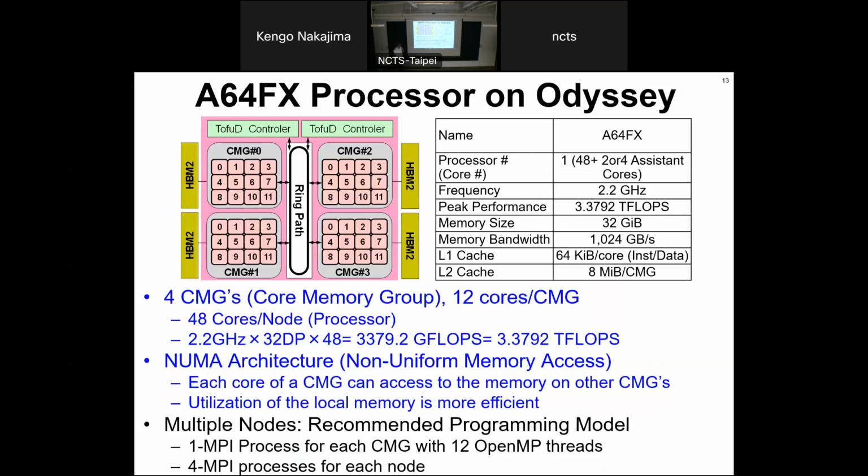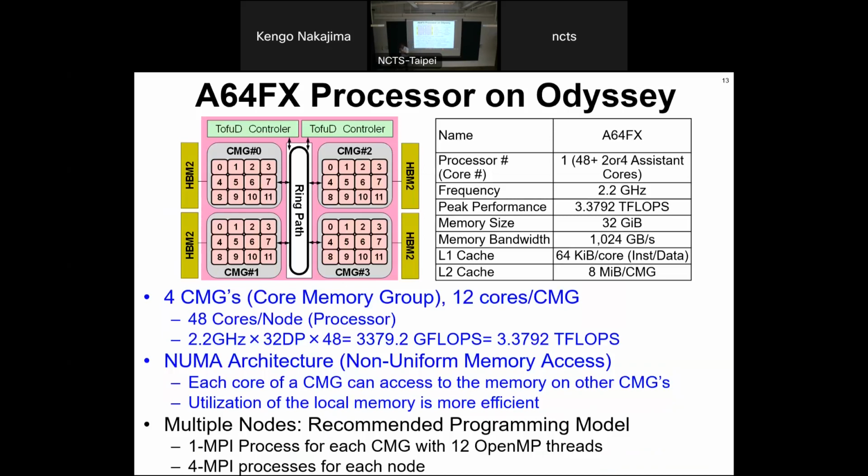One of the features of this architecture is that the memory is embedded on the chip. It has very high memory bandwidth, but the problem is that the capacity is very small; the total memory size for each node is just 32 gigabytes.